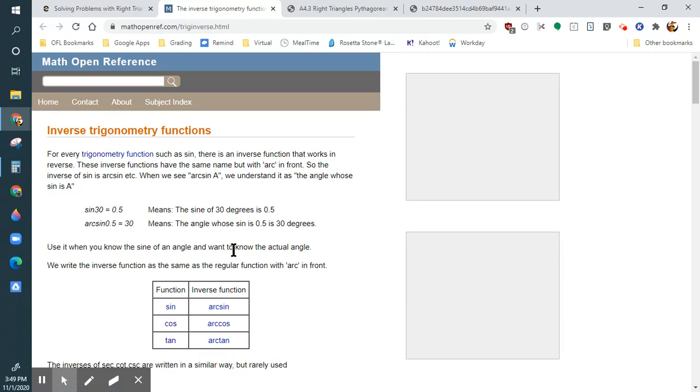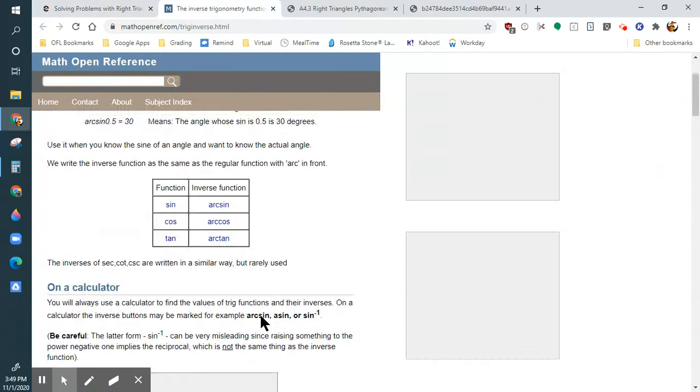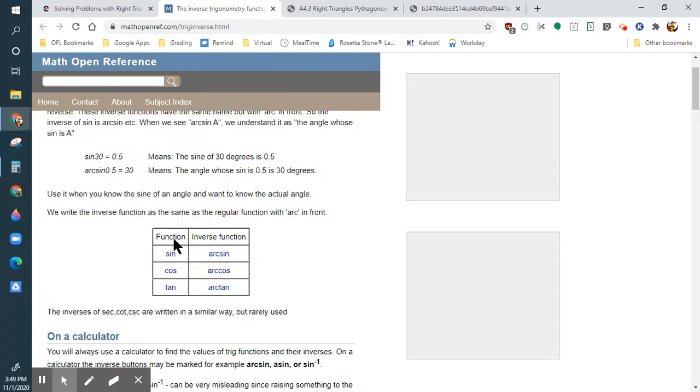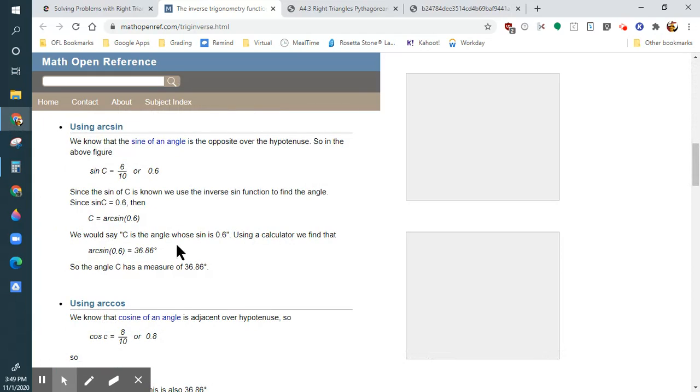If you click this little hyperlink right here, it actually pops open a little chart that helps you. An inverse function, they also call it arc, and another way of writing it is to the negative power, or it looks like a negative. So for example, arc sine is the same thing as saying sine inverse.